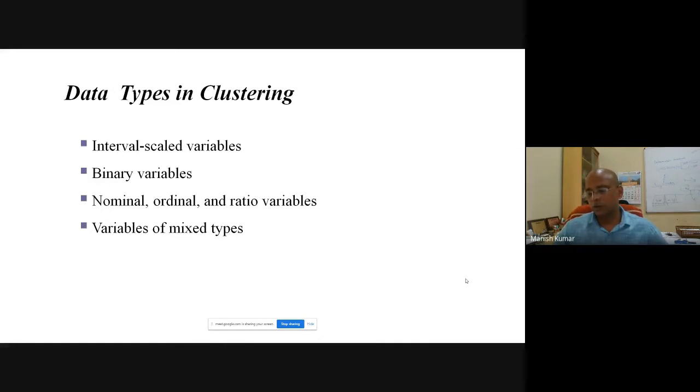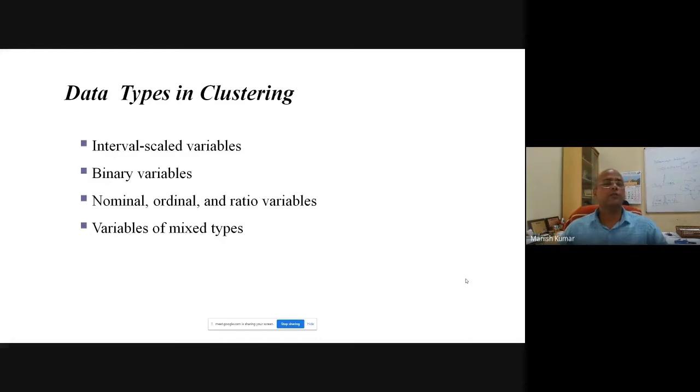Because the moment you use smaller units, the distance gap becomes big while comparing two different entities. Whereas if I use larger units, you'll find that the distance between two entities will be less. So depending upon your requirement, you can use larger or smaller units in that case.